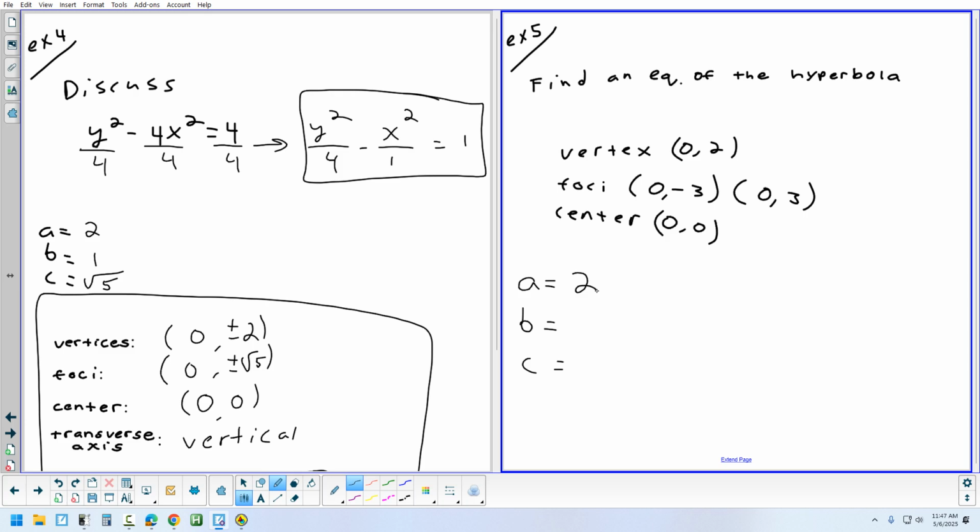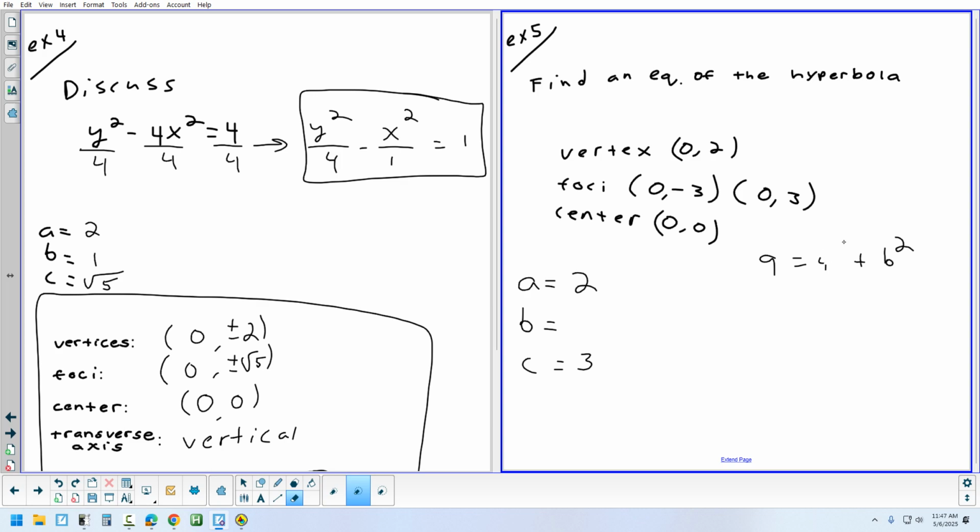What other letter can we find pretty directly from those coordinates? Yep. C. C is center to focus. What's the distance between the center and either focus? It doesn't matter. Yep. 3. But to write the equation, you do need B. So C squared equals A squared plus B squared.